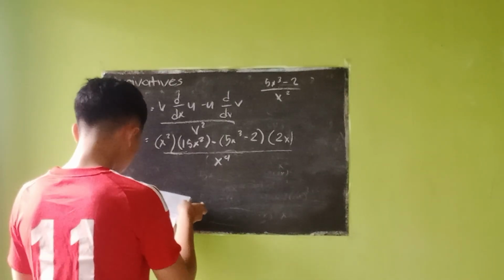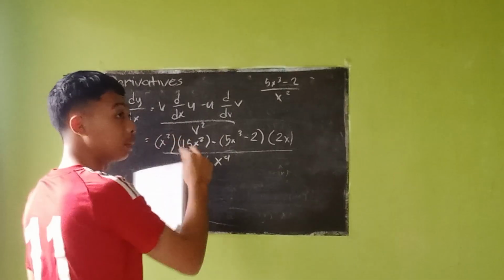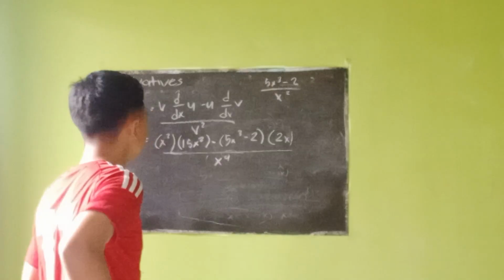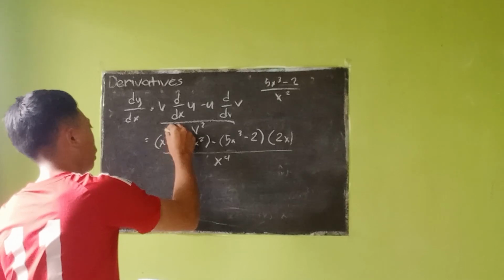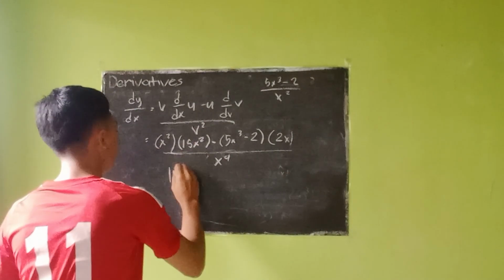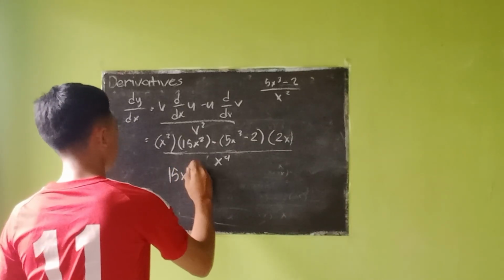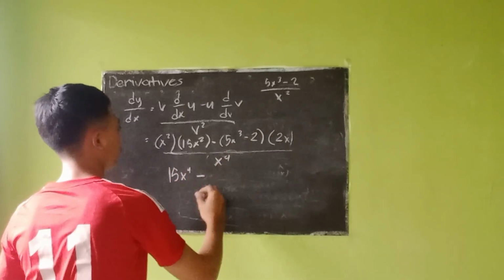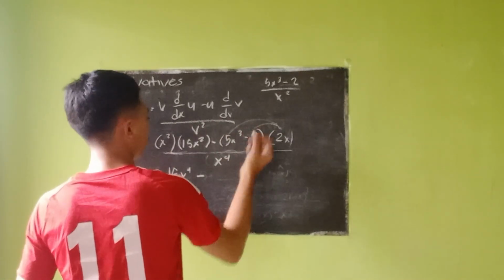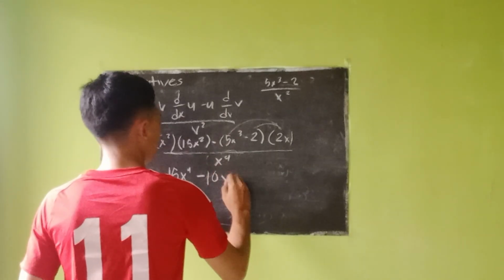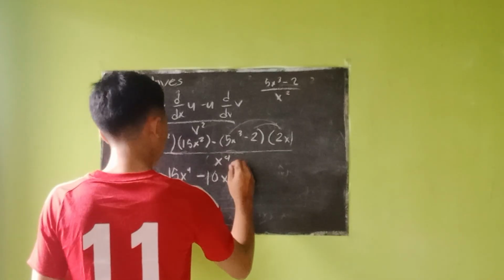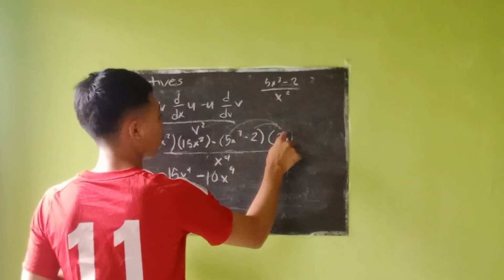Now, by using the rule as mentioned, you now have to add the powers of 2 and 2, which leaves you with 15x raised to the power of 4. Then after that, on the other side, we'll have to use the distribution. So we'll have 10x raised to the power of 4. 3 plus, this one already has 1.